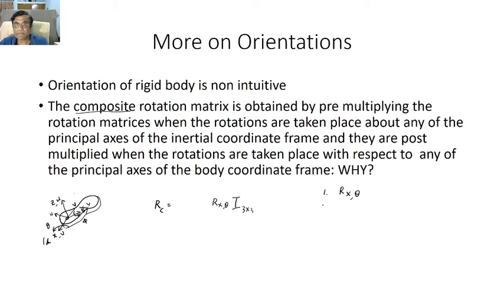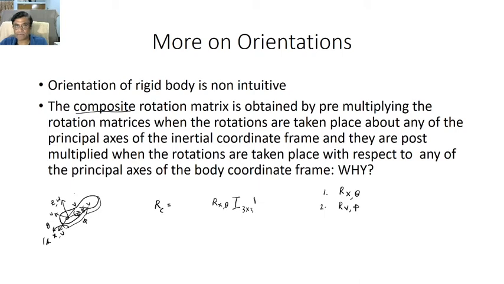And say my second operation is the body is rotated about the y-axis of the body coordinate frame by an angle phi. So where will this rotation matrix go? It will be post-multiplied with reference to the unitary matrix.